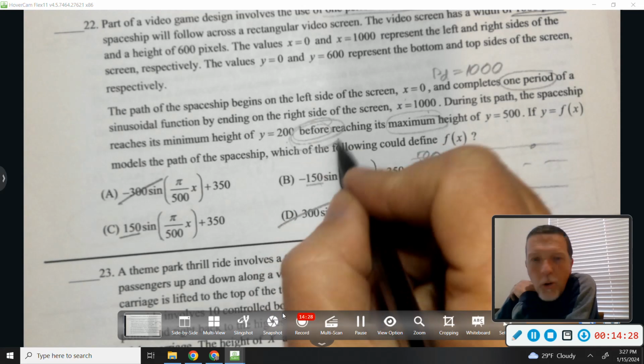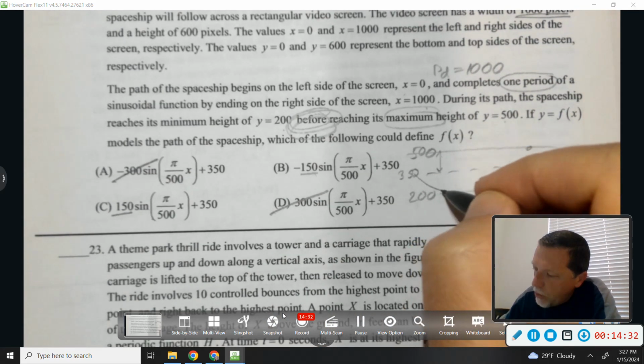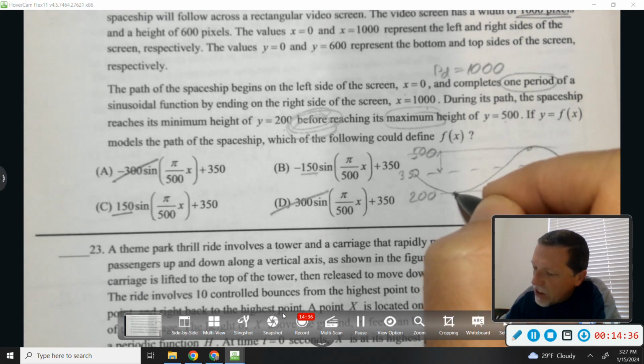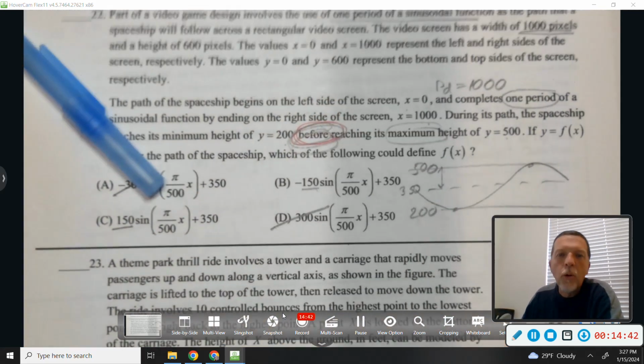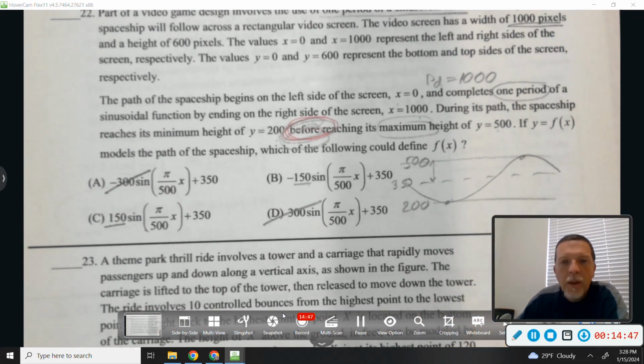So I think that "before" is doing a lot of work here. That means I've got to go down before I go up, because I've got to hit the minimum first. That's tricky. That "before" is doing all the work here, meaning it's got to go down first to hit the minimum.